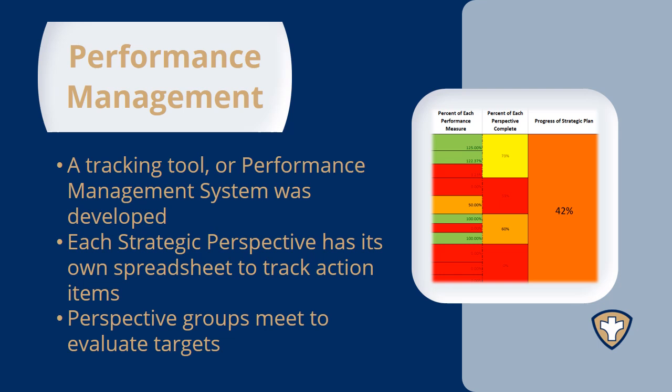Perspective groups then meet to evaluate targets. If there's an area that they see that's lagging, they can find out why it's lagging. Is it due to a lack of funding? Is it due to time management or a lack of staff available for that? Or have some of our priorities or targets shifted for a variety of reasons, whether it be new partnerships or what have you.